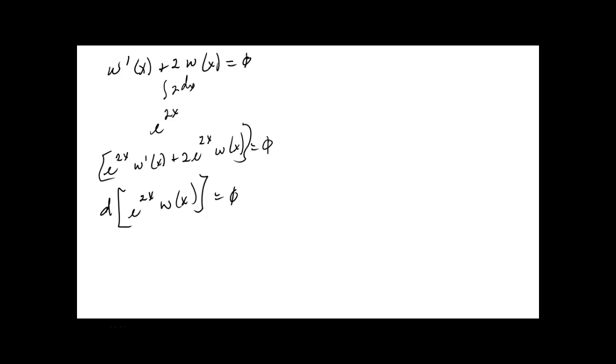Plus e to the 2x times w prime of x. And that would be that. So sure enough, that is the case. So if the derivative of that is 0, that means e to the 2x times w of x has to be some constant.